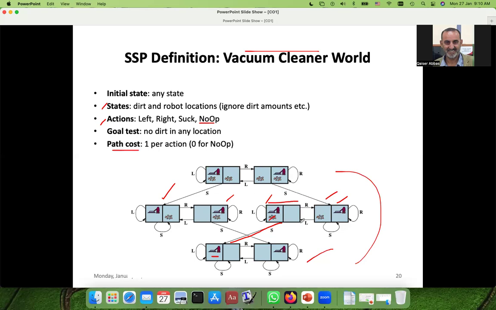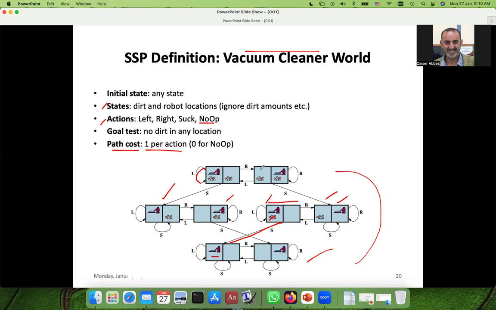Here, how can you calculate the path cost? We are not given any cost or anything like that. So here, when you perform one action, you can reward 1 point to the agent, to the robot. For example, if you perform left, you give 1 point to that agent.